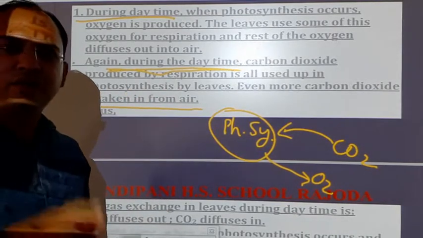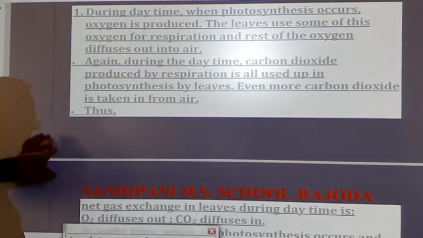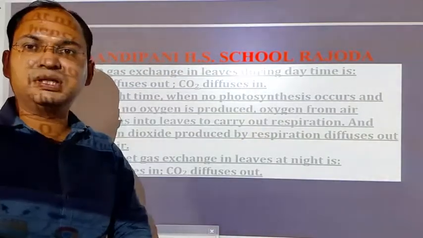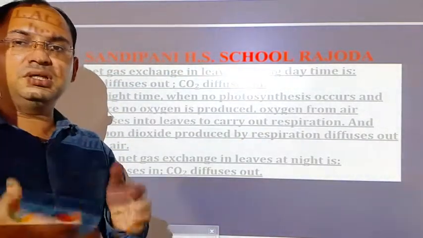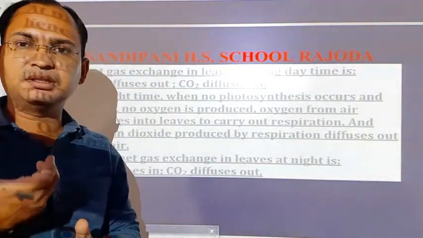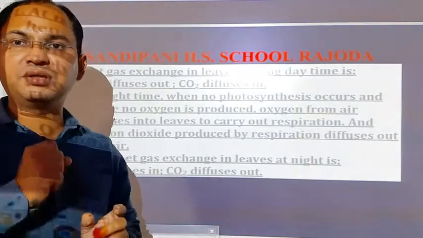So what will be the ratio of the oxygen and carbon dioxide absorbed? We can see the net gaseous exchange in the leaves during the daytime. It is not purely an exchange of oxygen and carbon dioxide; it also utilizes the oxygen and carbon dioxide produced in the leaves.